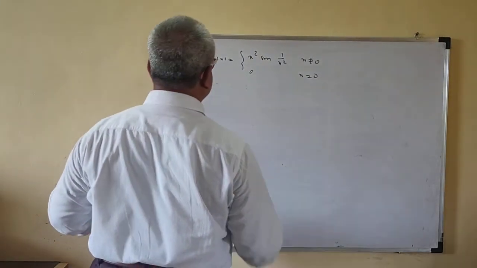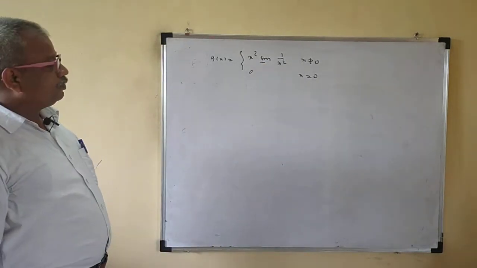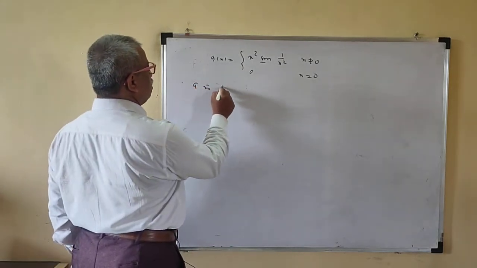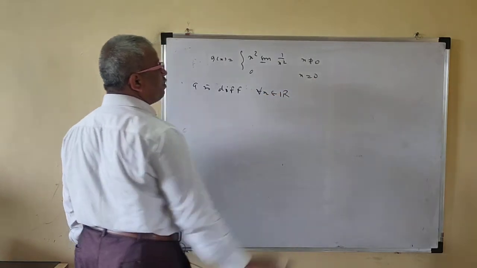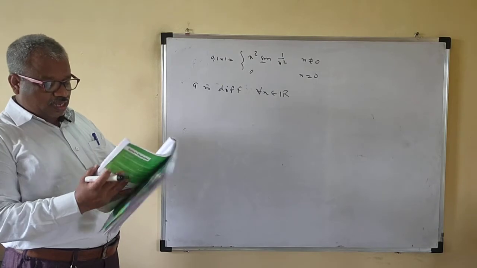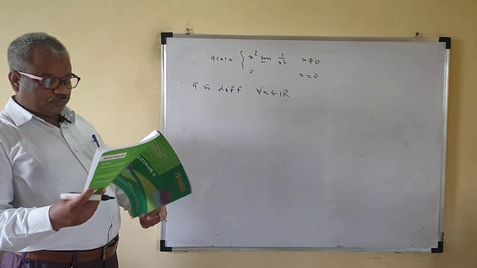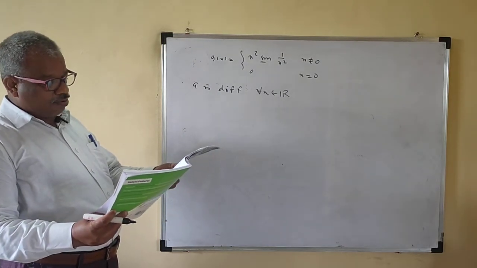Instead of sine, you can take the cos also. Okay. So g is differentiable for all x belonging to R. Remember this only. g is differentiable for every real value. It is differentiable everywhere.